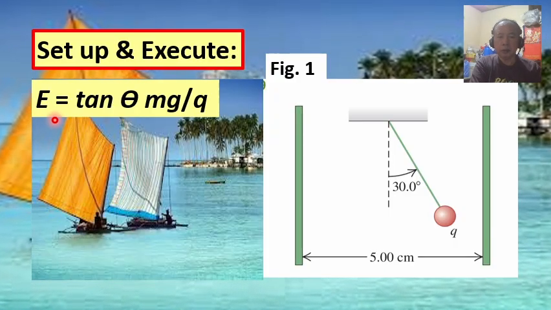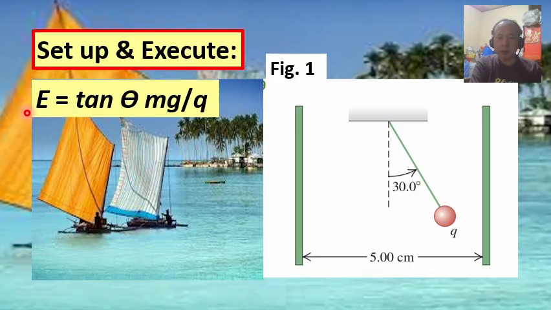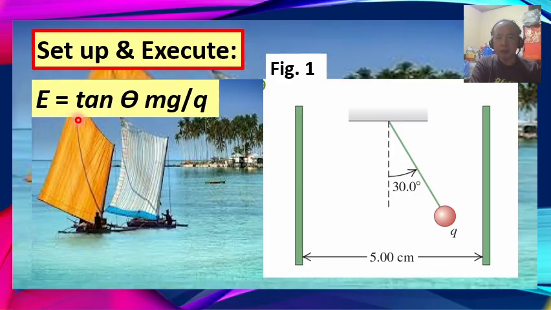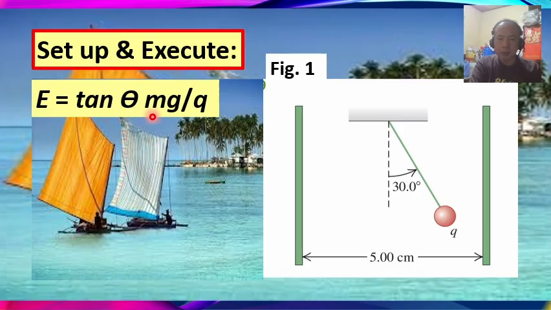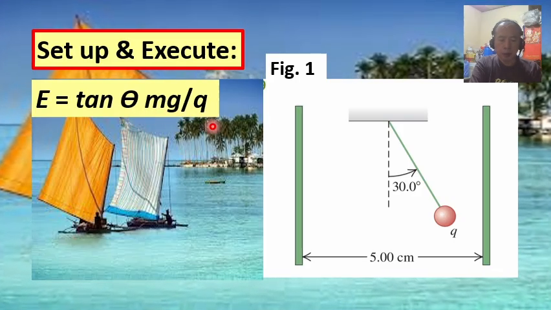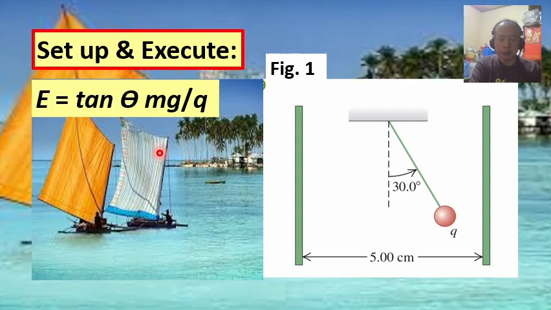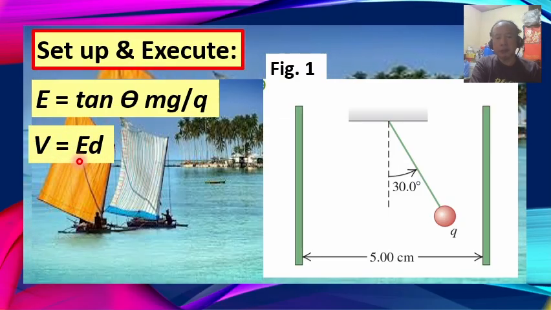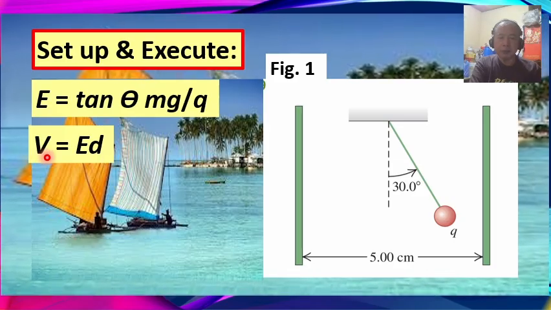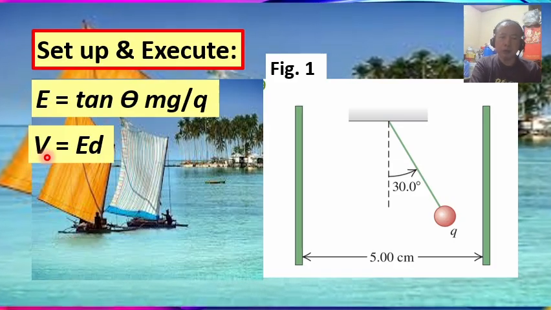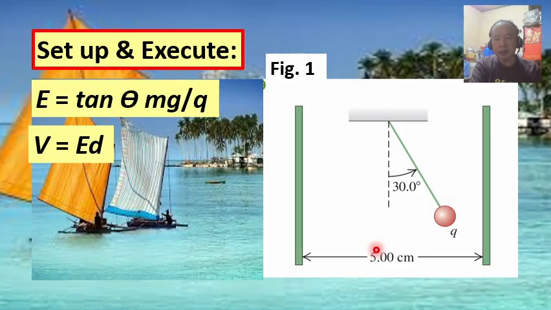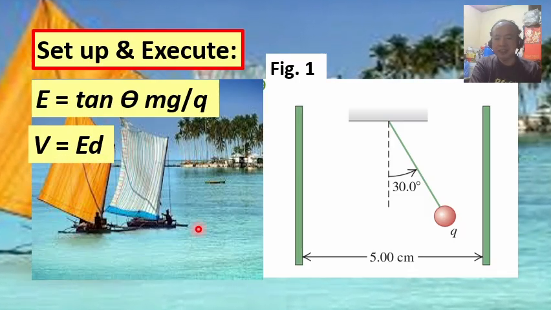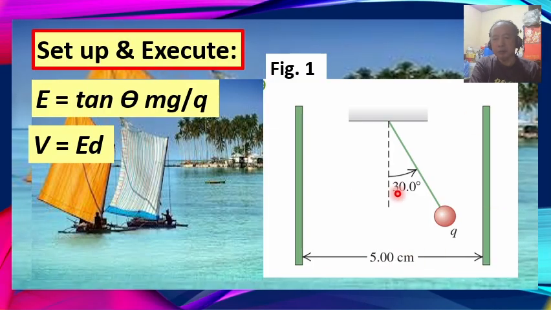Using this expression for the electric field, capital E, between the two parallel plates, E equals tangent theta times mg divided by q, we can substitute it in the equation capital V equals capital E times D, or the electric potential, also known as voltage, between the two parallel plates is equal to the product of the electric field and the distance that separates the two plates.